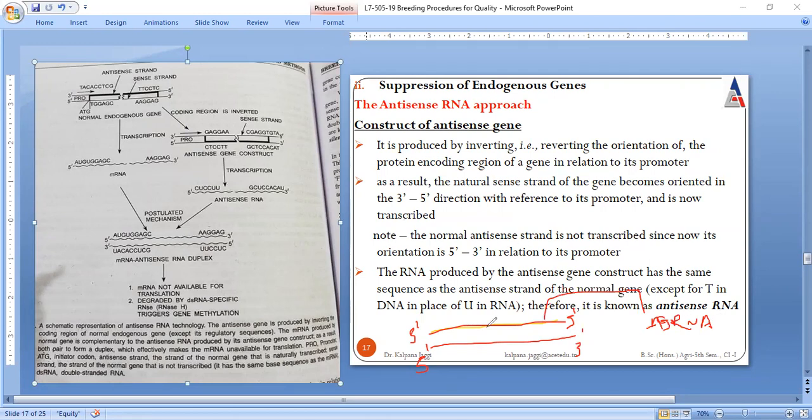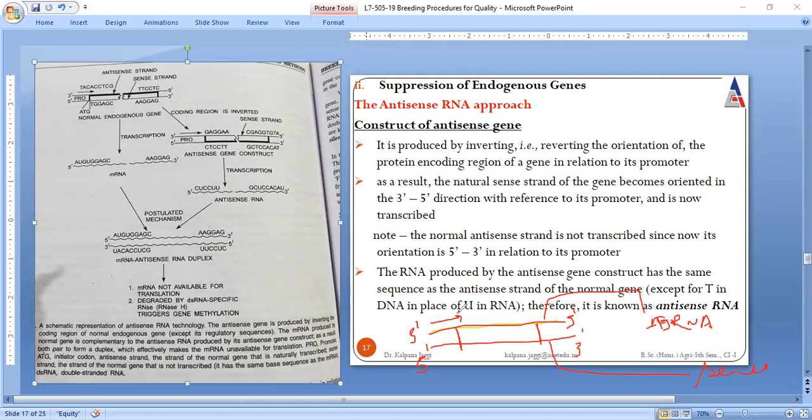And if this is antisense, we know the opposite is going to be the sense strand. Now here is the location of the promoter, and this is the location of our sense strand. The sequence goes like this: 3' to 5' direction in relation to its promoter is said to be antisense strand, right?